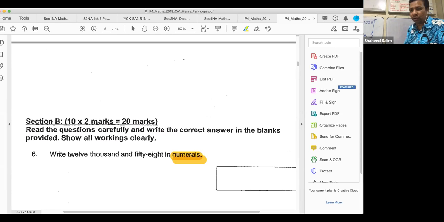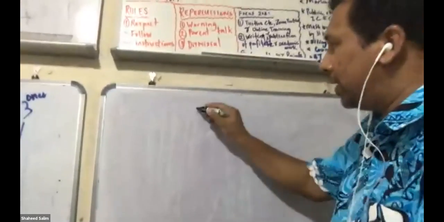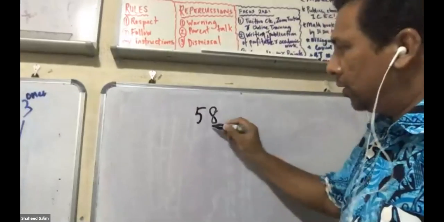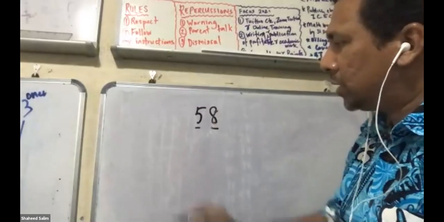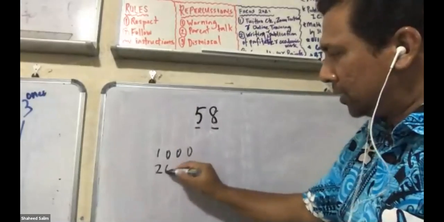Okay, half a minute more. Okay, let's see whether you get it right. 12,058. Well, let's write 58 first. How to write 58 is like that. This is 58. So 1000 is like that. 2000 is like that.